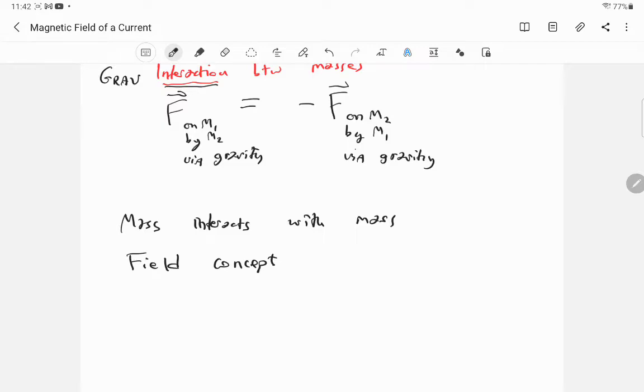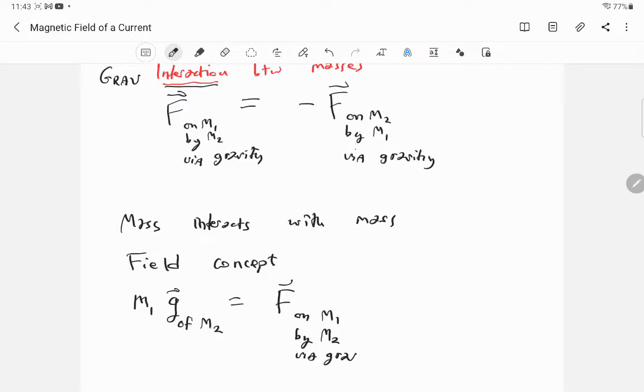There is the gravitational field that is because of M2, and if you multiply by M1, this is the force on M1 by M2 via gravity.